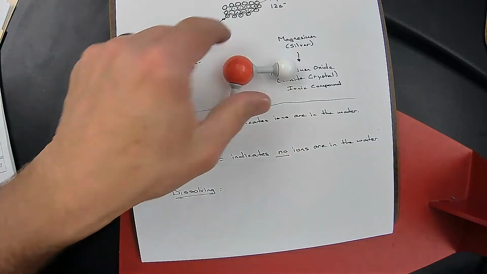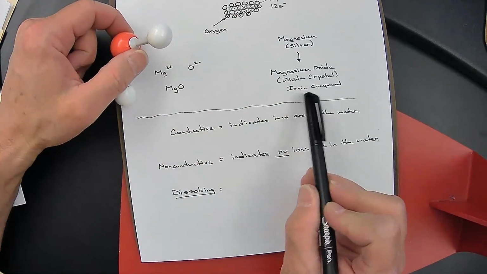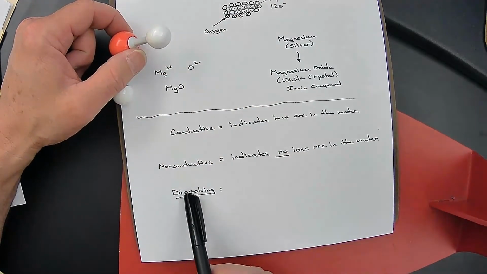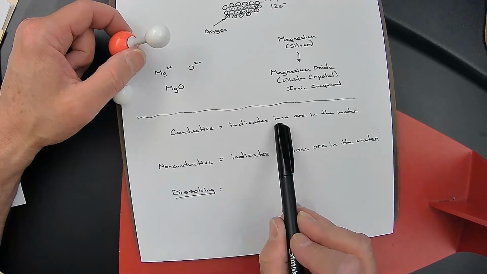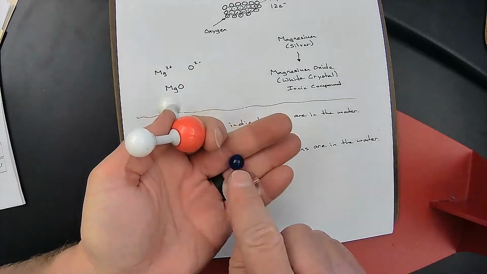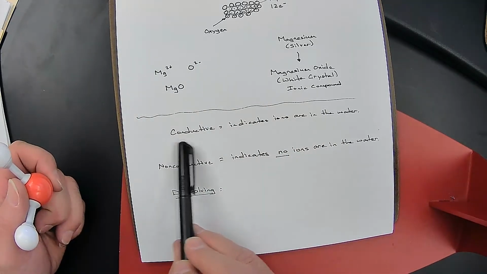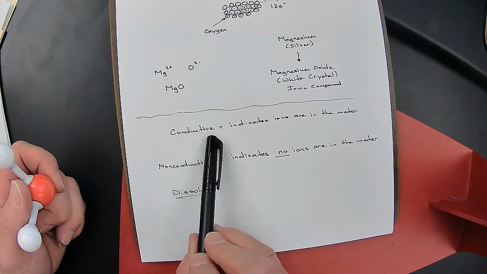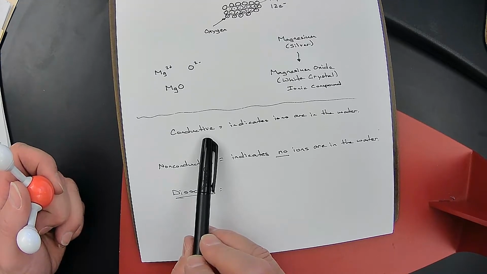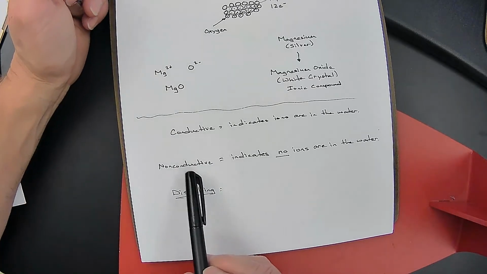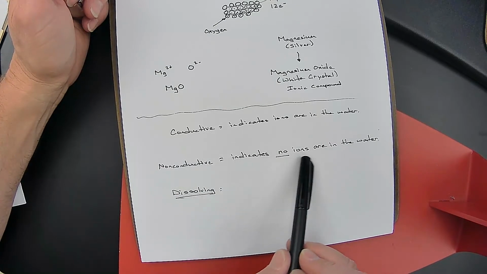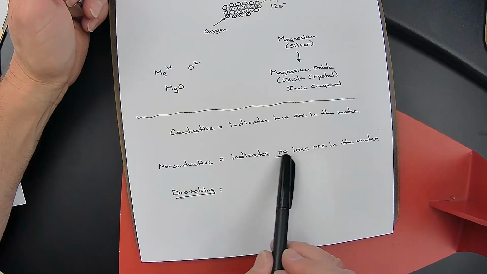Because this ionic compound dissolved in water, now there are individual ions floating around in the water, and that causes the water to be conductive. This is why the distilled water showed non-conductive, because there aren't any ions in there.